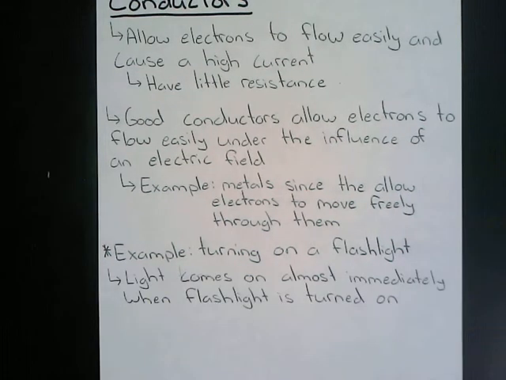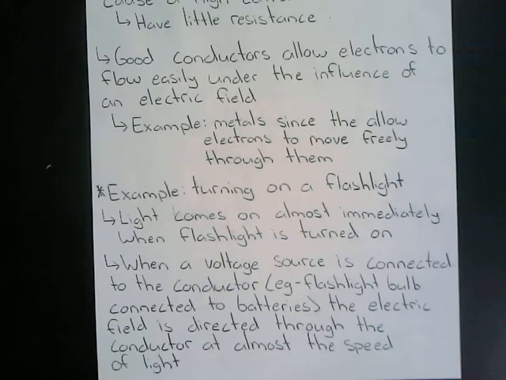What's specifically happening is that when a voltage source is connected to the conductor, like the flashlight, the electric field is directed through the conductor at almost the speed of light. And so that is why when we turn that flashlight on, it almost instantly turns the light bulb on. Okay, so we've talked about conductors and resistance.